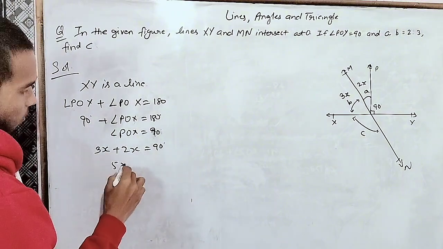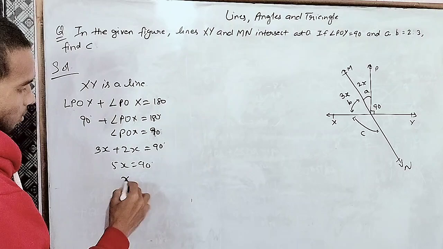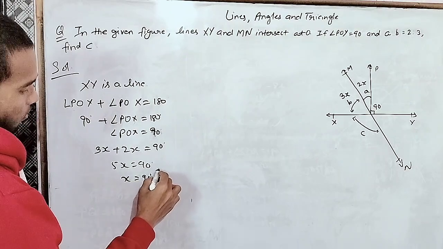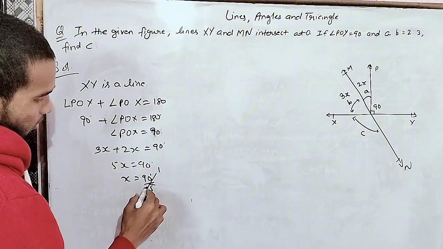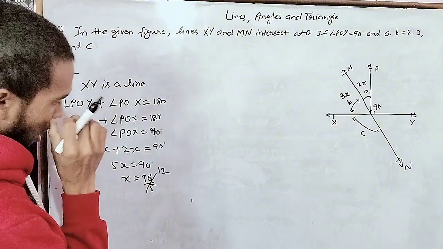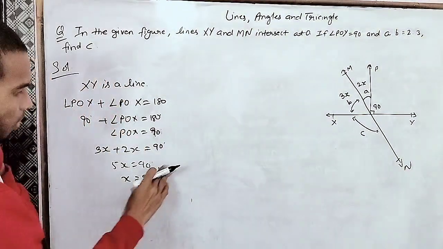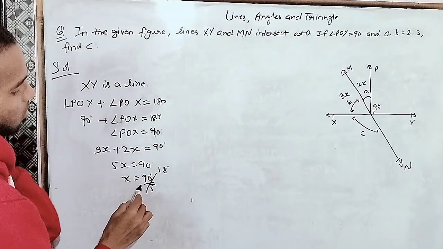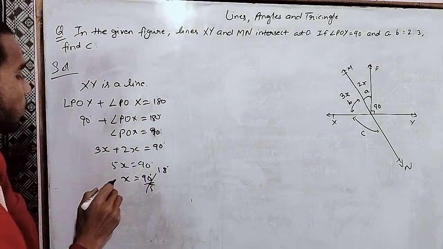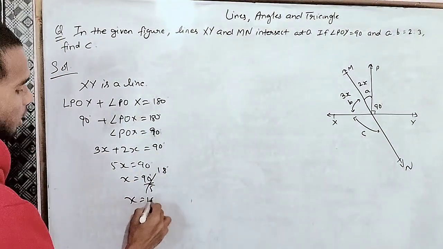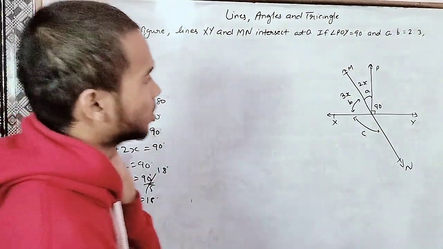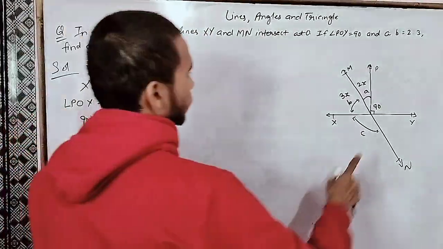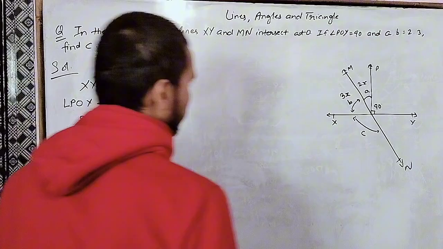Now 5x, we have the equation 90 by 5. 5 ones are 5 and 5 eights are 40. Now we have 18. Now as I told you, whatever the value of this, this will have the same.